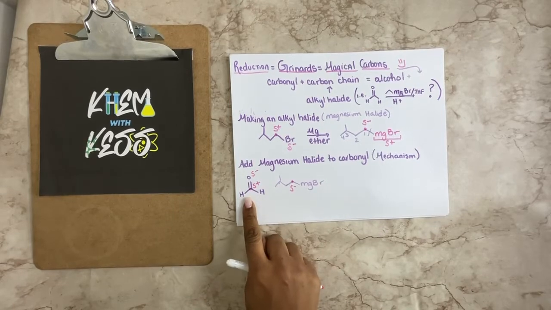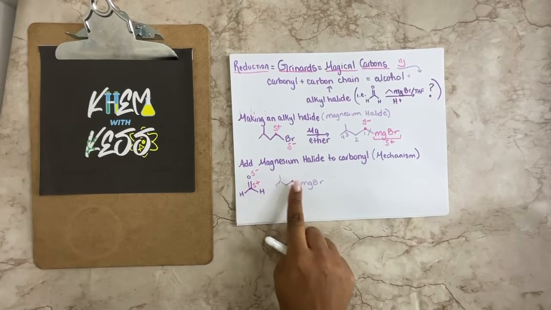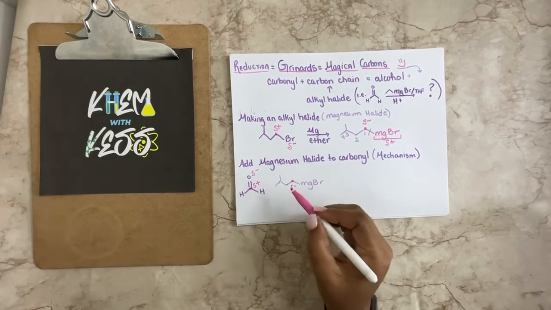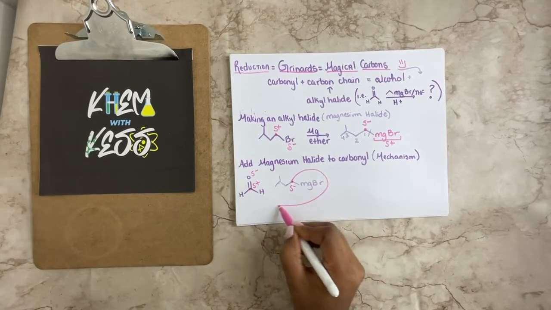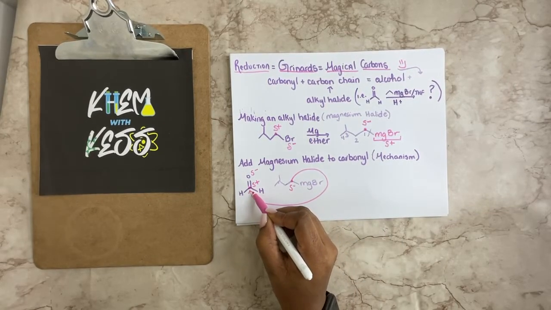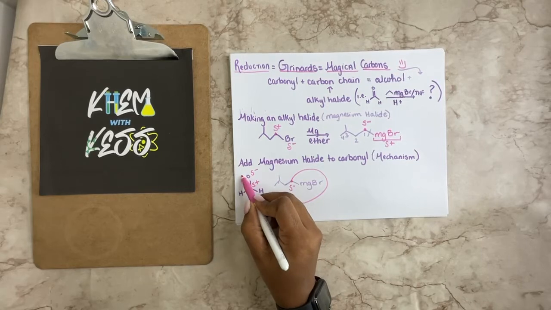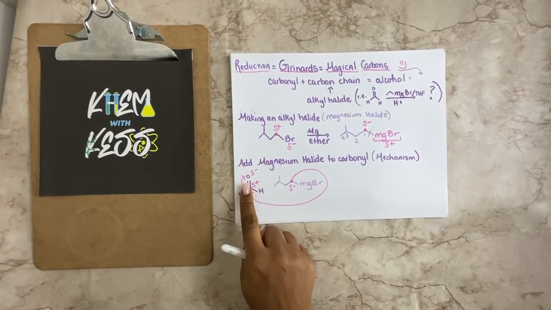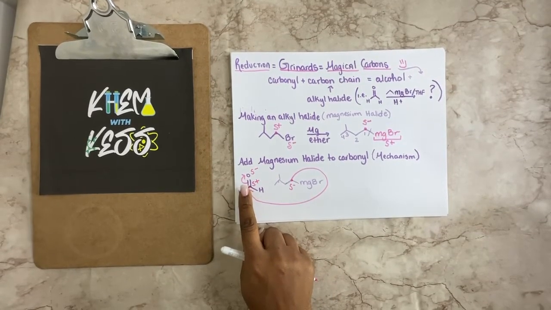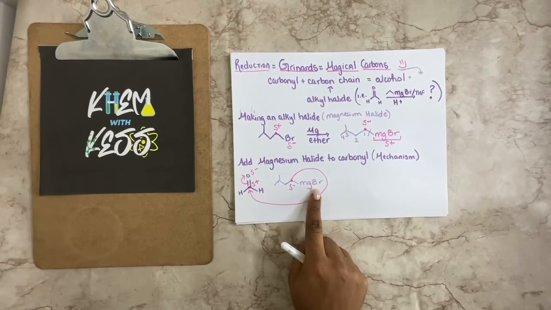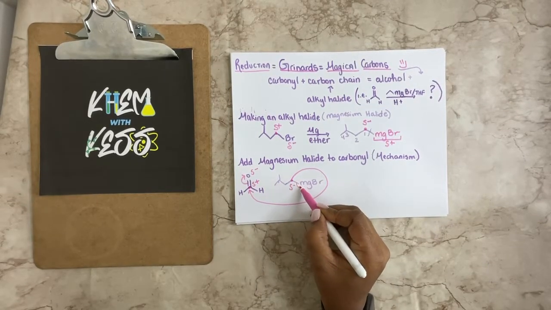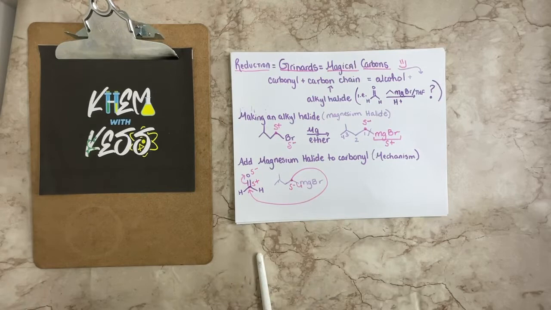This is a real good way to remind yourself how to do your arrow movements. So this carbon is going to attack this carbon and then open up the carbonyl, the double bond, so it's going to break that. When it does, the MgBr is also going to do its own dissociation.